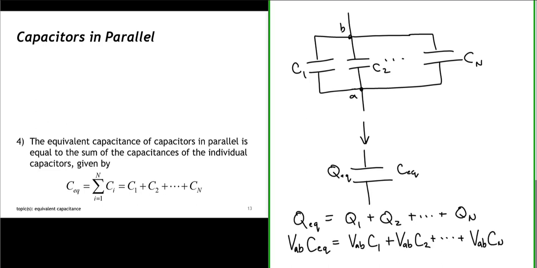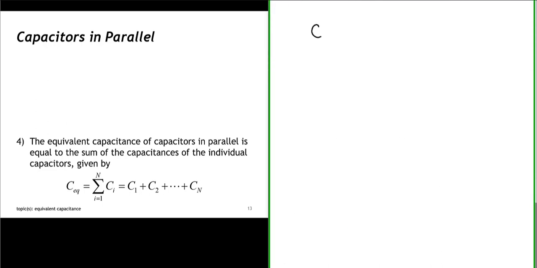Notice what's common to each term: the potential difference from A to B. Since it is common to each term, we can divide it out, leaving us with an expression for the equivalent capacitance being equal to the sum of the capacitances for each capacitor in parallel.